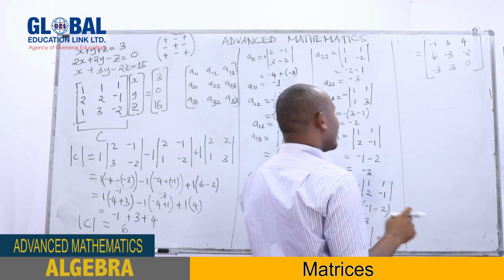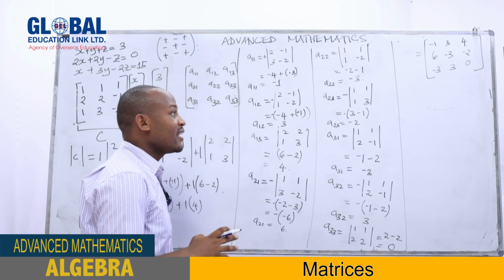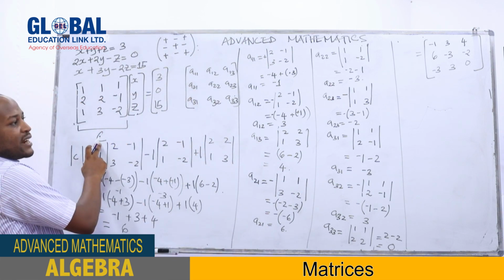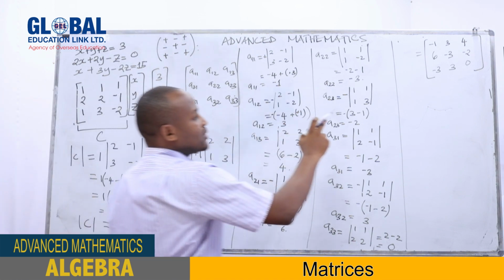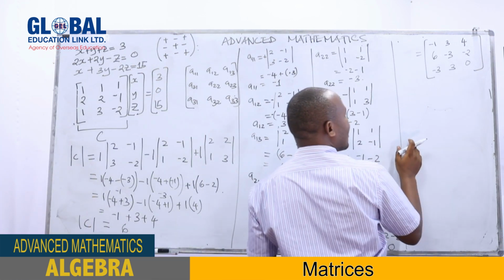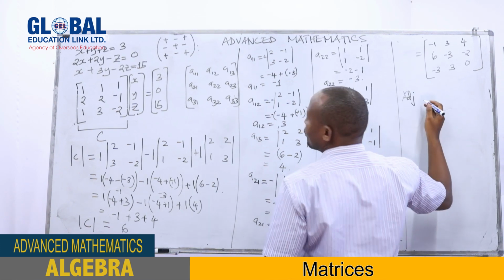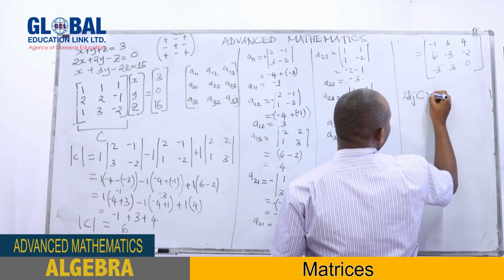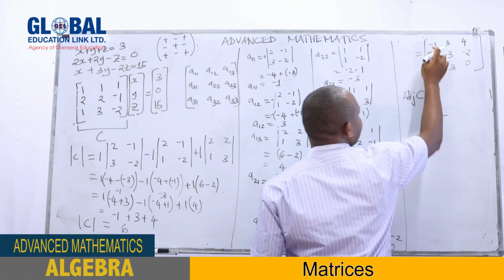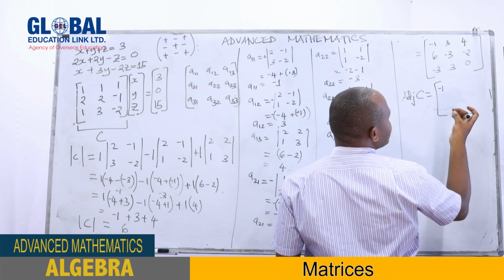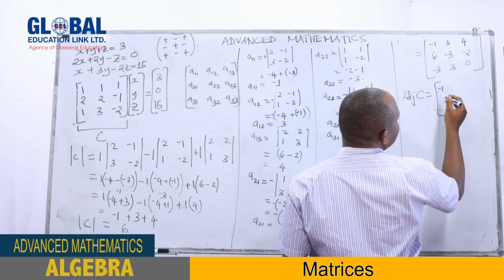Then the third step, when we are looking for the inverse, we have to find the adjoint. And the adjoint of that matrix, as I called it, the adjoint of C, will be the transpose matrix of the cofactor matrix. And remember, the transpose is to exchange the rows to columns and the columns to rows.